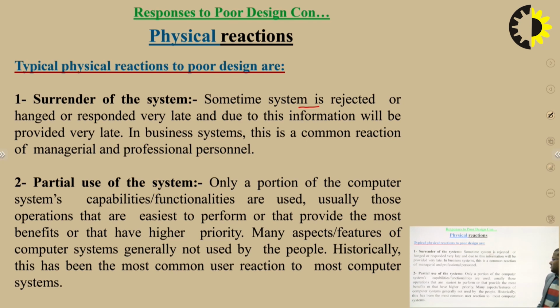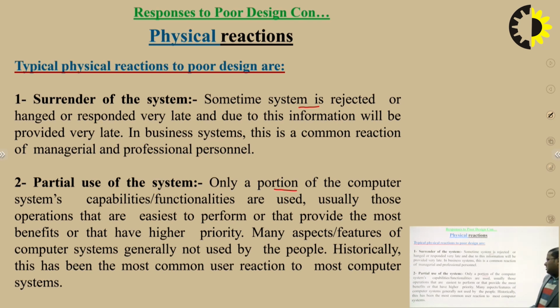Partial use of the system: only a portion of the computer system functionality is used. Usually those operations that are easiest to perform, or that provide the most benefit, or that have higher priority. The tasks which have higher priority will be performed first, and other tasks are delayed.